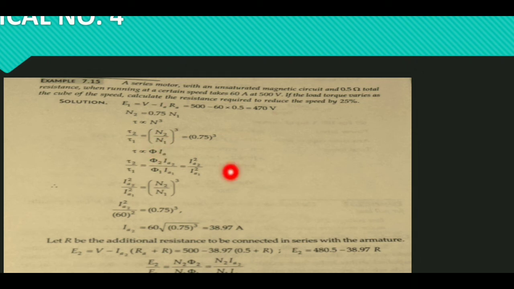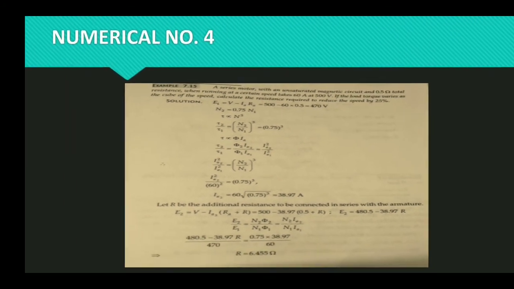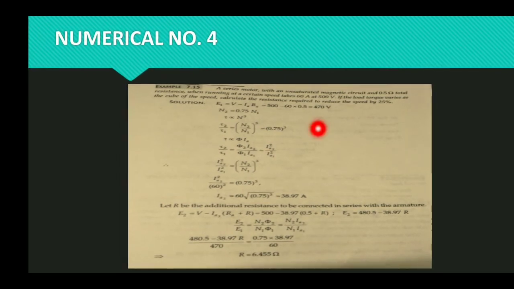Now the value of Ia1 is 60 ampere. So Ia2 square by 60 square equals 0.75 cube.